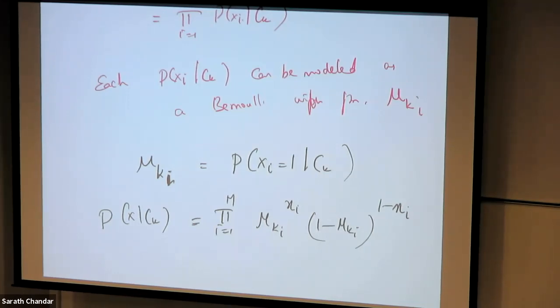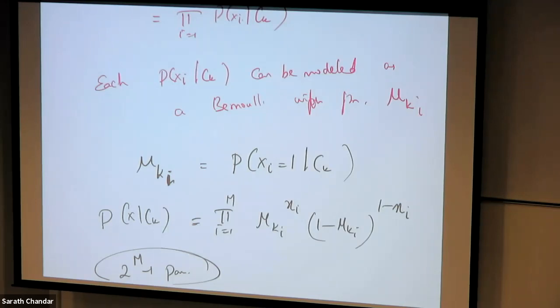Now how many parameters does this require for a class? Previously we needed 2 power m minus 1 parameters, but how many do you need to estimate now? One parameter for one feature.